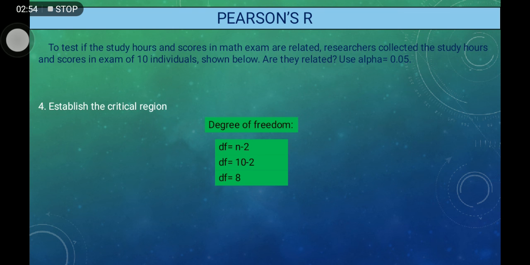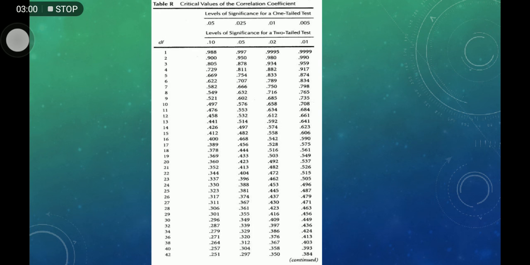Para malaman natin yung t-tab, gagamit tayo ng table. Hanapin natin dito kung nasaan si 8. Then, hanapin natin yung two-tailed 0.05. Yan. So, ang ating t-tab is 0.632.